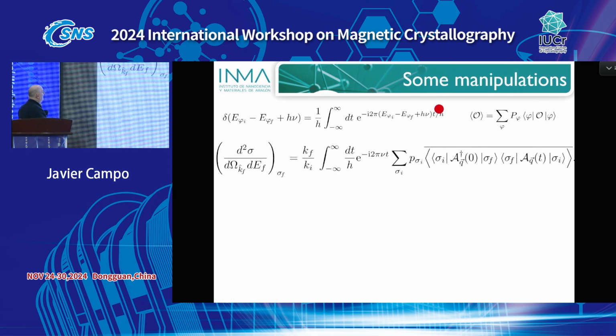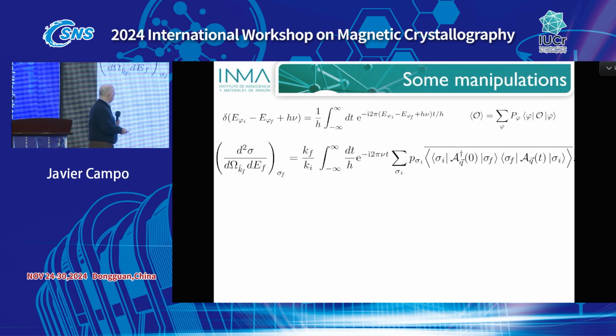Then, if I do like this, I introduce here the delta, and you see here I have only frequency and time. The final energy and initial energy are included here in 0 and time, because these two exponentials applied to the operator is like if I pass from the Schrödinger picture to the Heisenberg picture, where the operator is evolving with time and not the wave function.